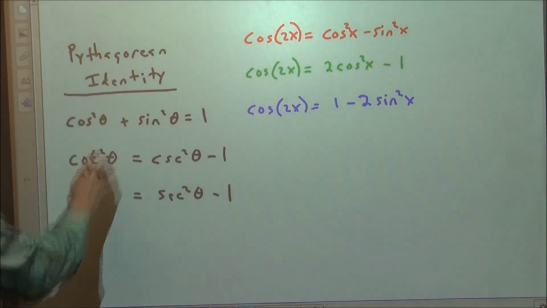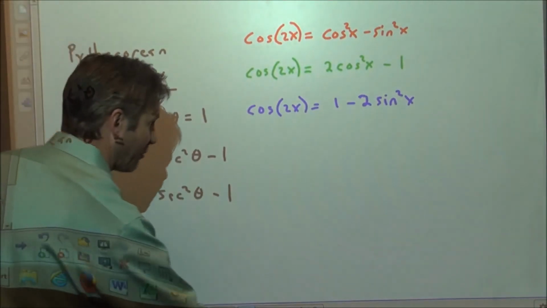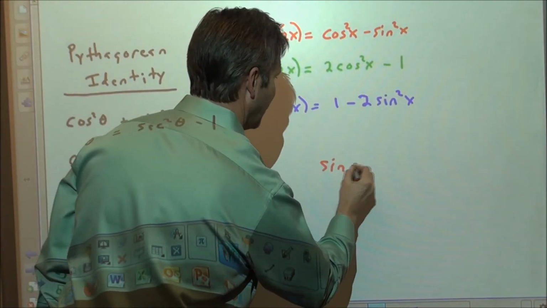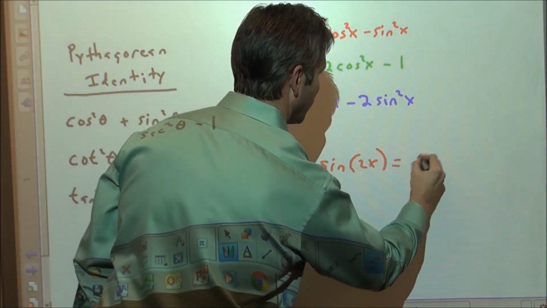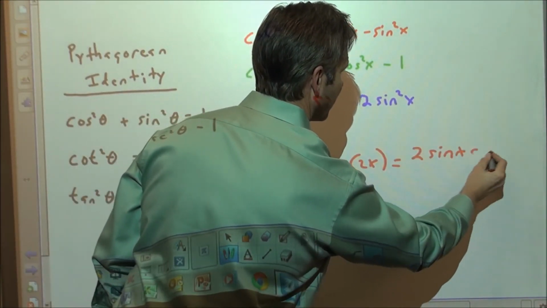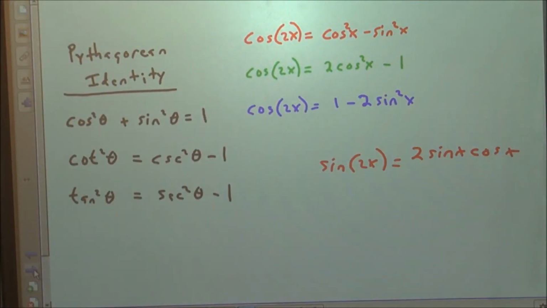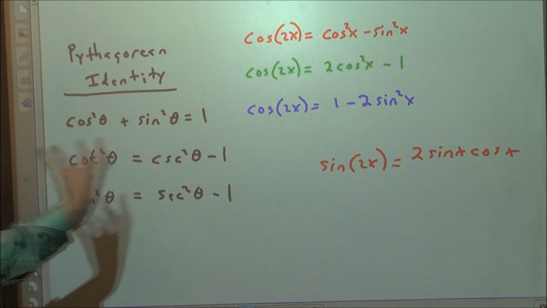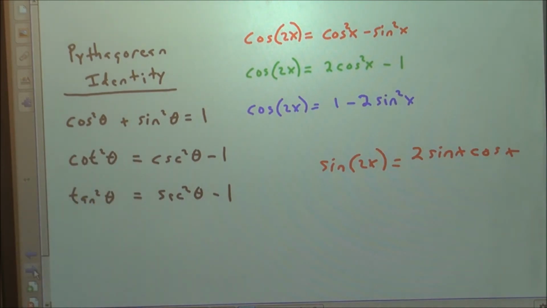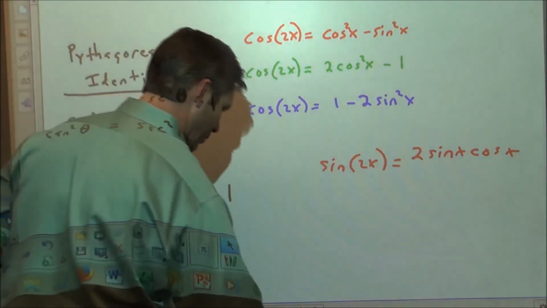So these puppies, along with the double angle formula for sine, that the sine of 2x is equal to 2 times the sine of x times the cosine of x, can save us a whole lot of time when we're taking derivatives of functions that involve trig. So we need to memorize 3 of these puppies.